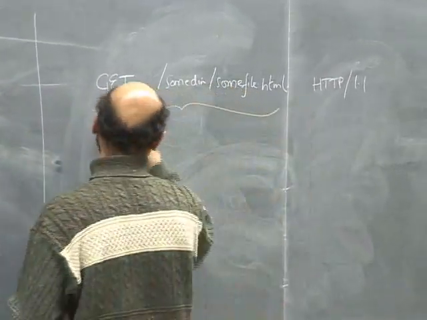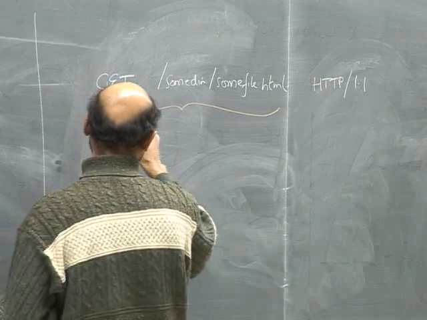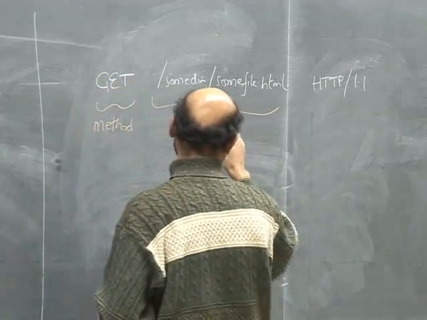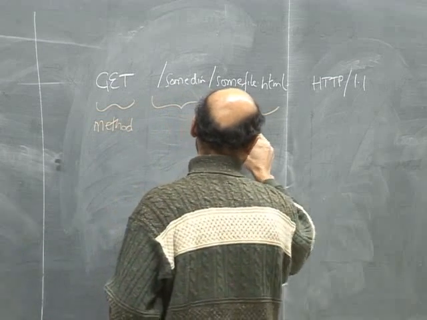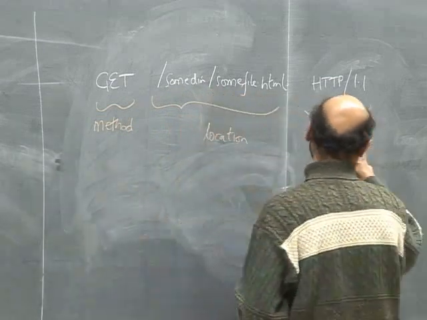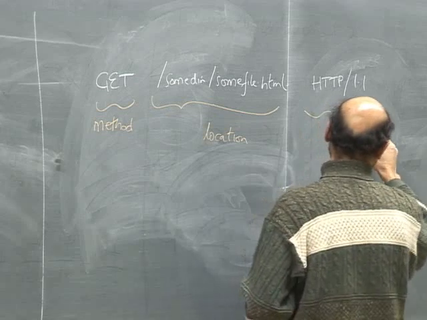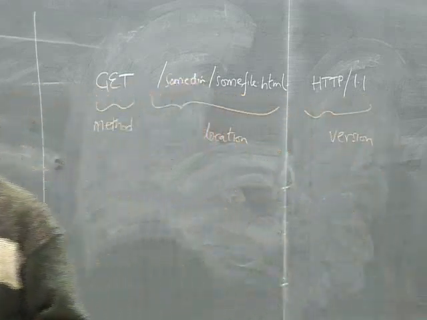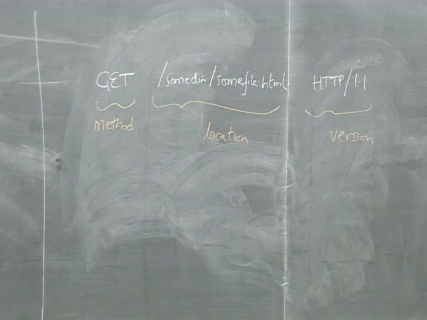This over here is the location. And this is the version. So it's using version 1.1. There are only 2 versions, 1.0 and 1.1 as far as I know. So that's what's going on.